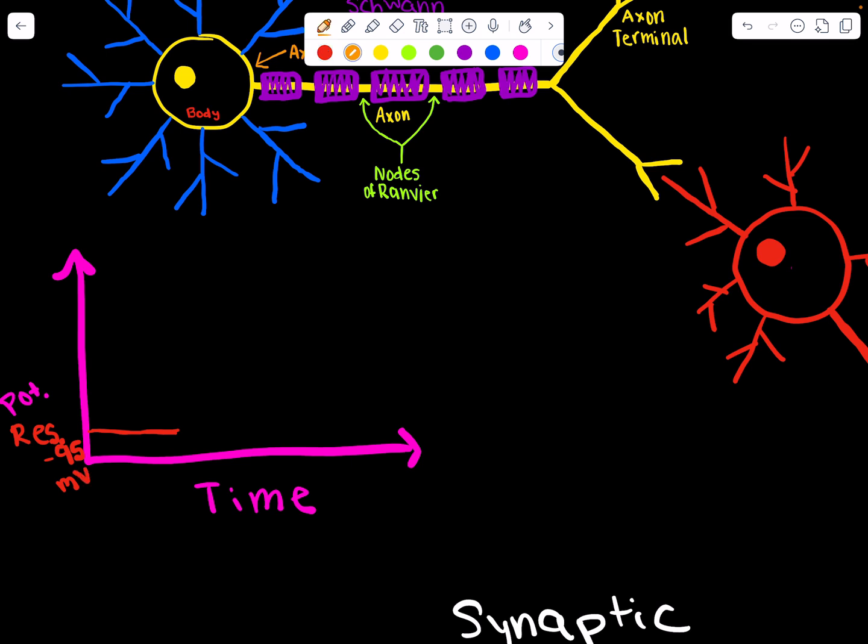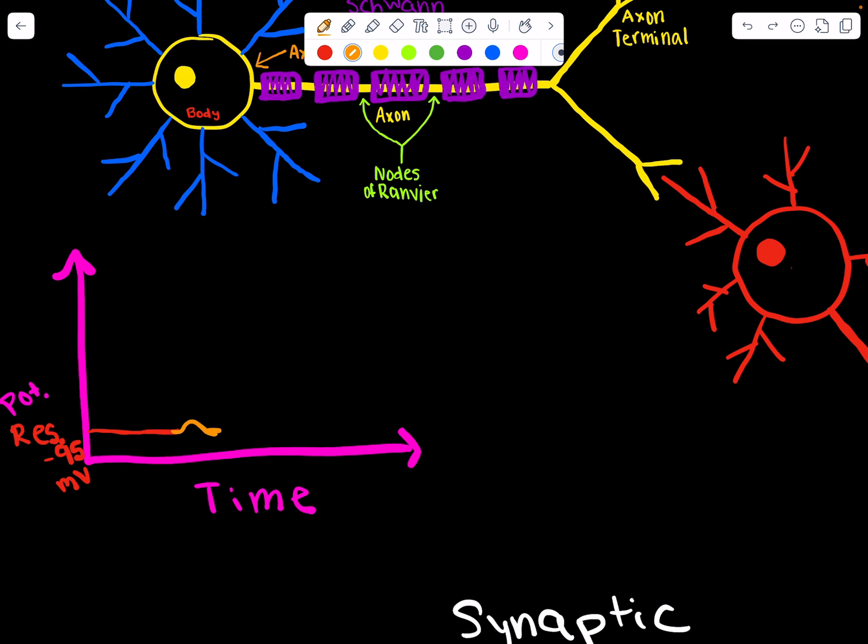But then, when a signal enters, perhaps from another neuron, it will create a signal which creates a graded potential. Not as powerful as an action potential, but small and brief. It electrotonically affects this part of the neuron too.